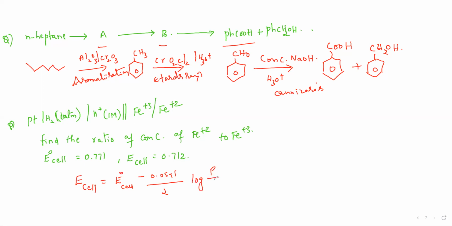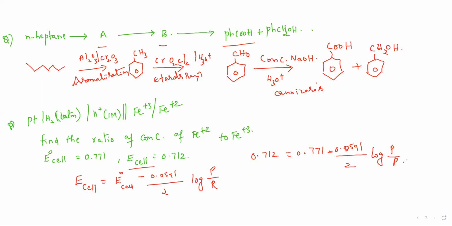If you simplify it, they have given every value: E cell is given as 0.712 and E naught cell is 0.771, minus 0.0591 divided by 2 log products by reactants.